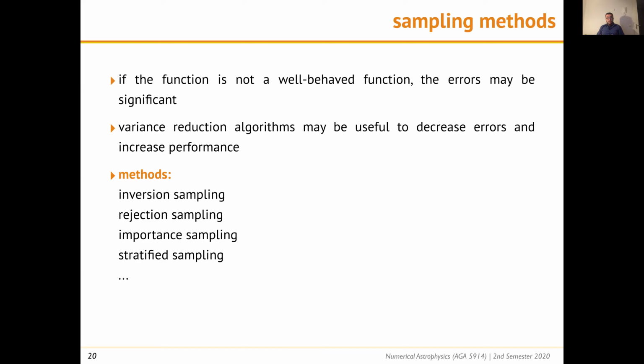We also have rejection sampling, which is what we just did for pi, throwing darts on a target and hoping they reach the target. We have importance sampling. We have stratified sampling. I'm just going to briefly mention them, and there are codes for all of these on GitHub. I'm going to discuss this towards the end, okay?